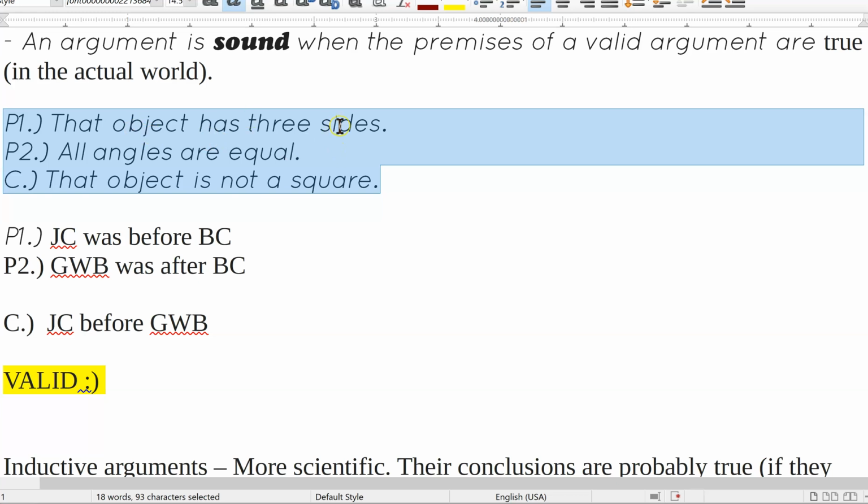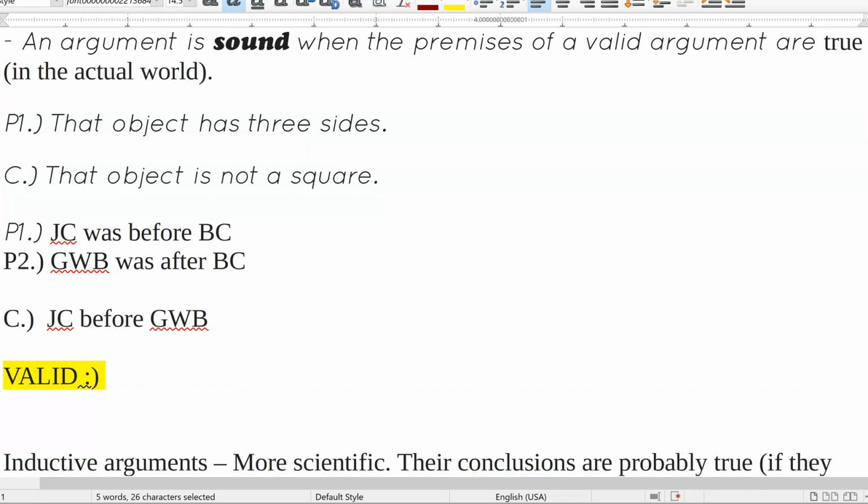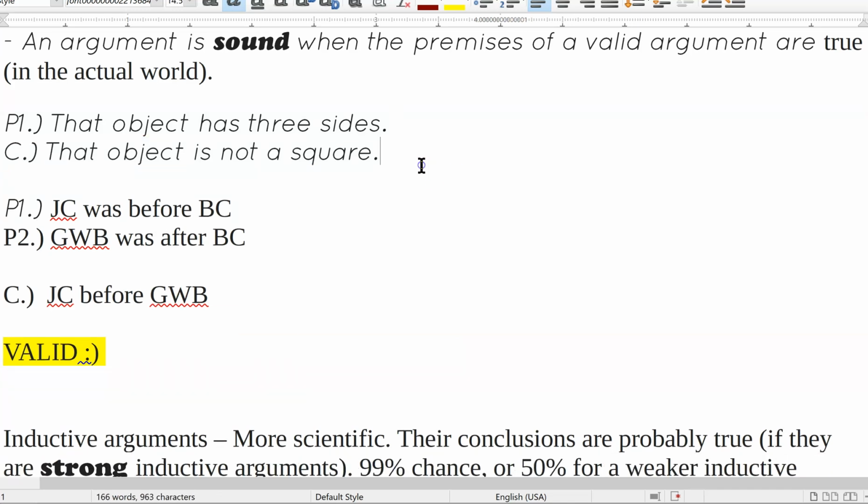Well, I've already said the object has 3 sides and that all angles are equal. In fact, actually, I can do this and still come to this conclusion absolutely perfectly. There is 0 chance that if that object has 3 sides, that object is in fact a square. It simply can't happen. I snuck that extra premise in there so I could do this. I'm really excited that it's paying off.